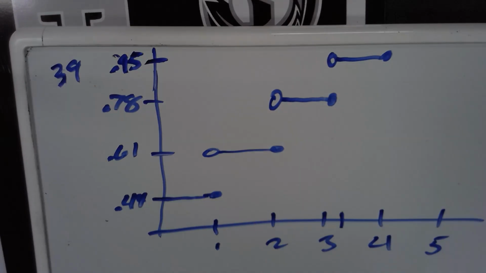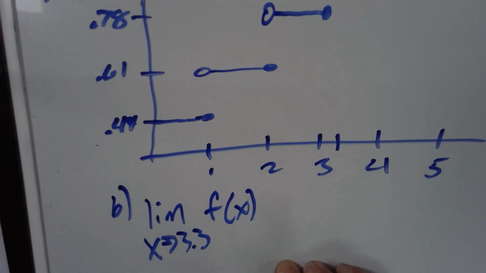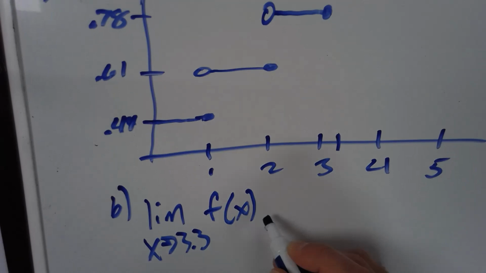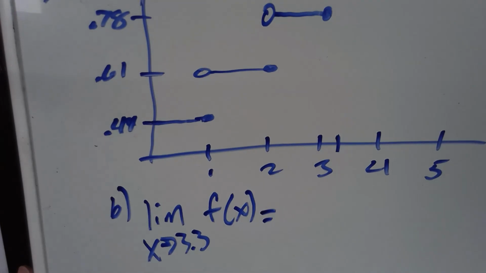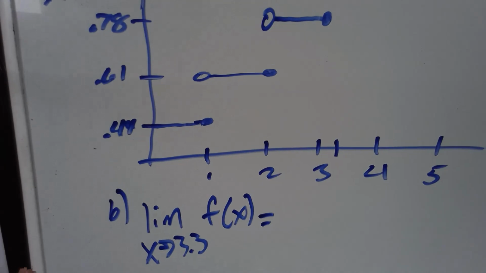So what's the limit? This is part B. What is it? You can just tell me the actual answer if you know it. 0.95. Why can we say that though? This is like a theorem.